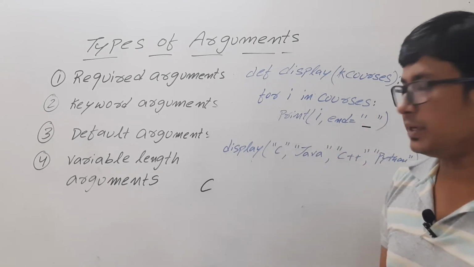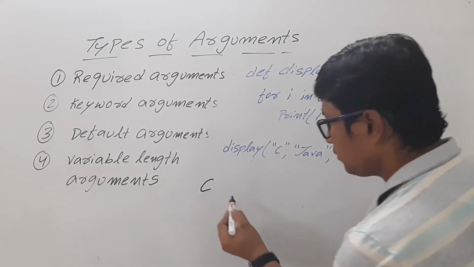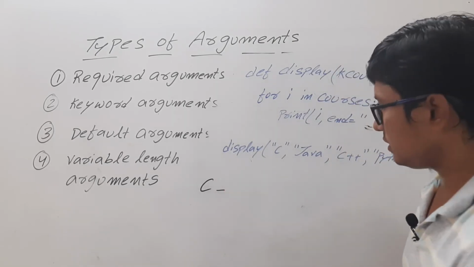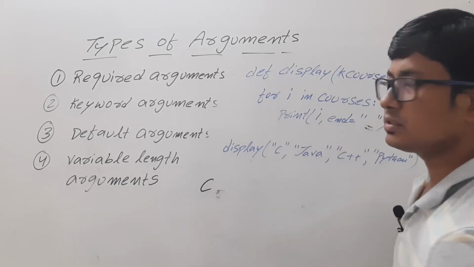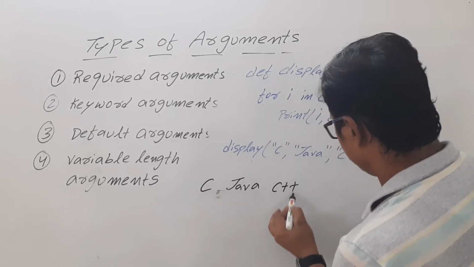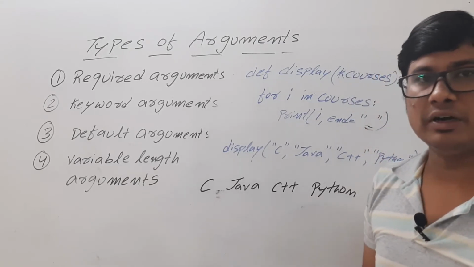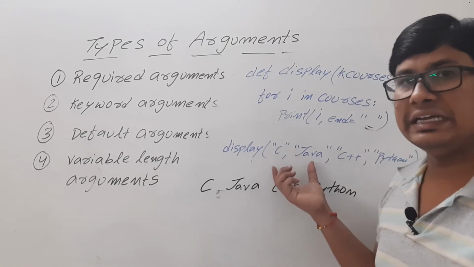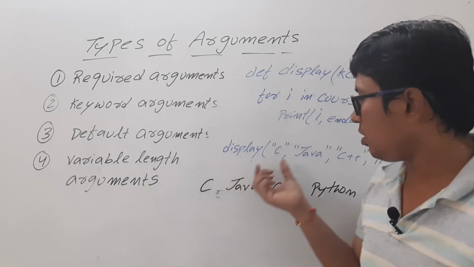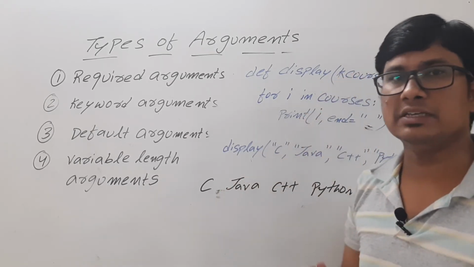So after printing C, it will give a space, then Java will be displayed, then C++, then Python. So in the function calling, you can provide any number of parameters. All these parameters will be stored in courses and displayed as an output.